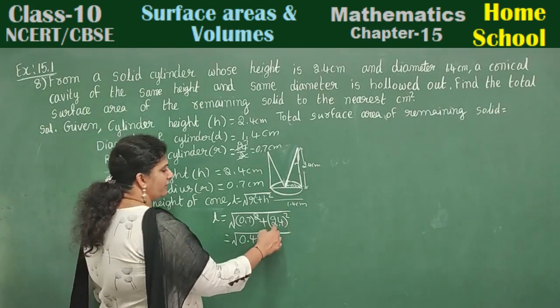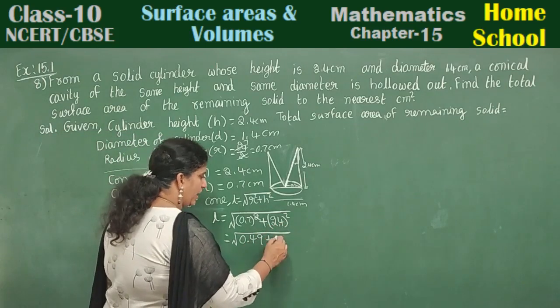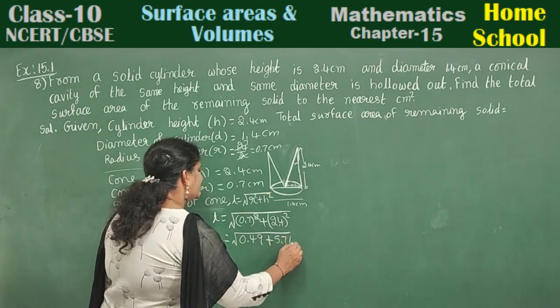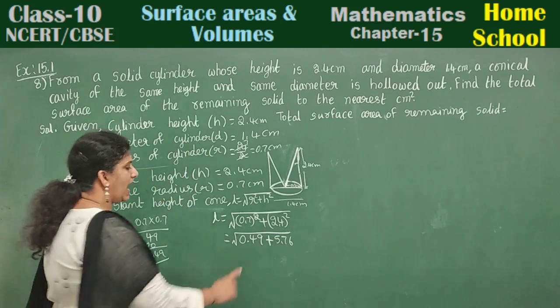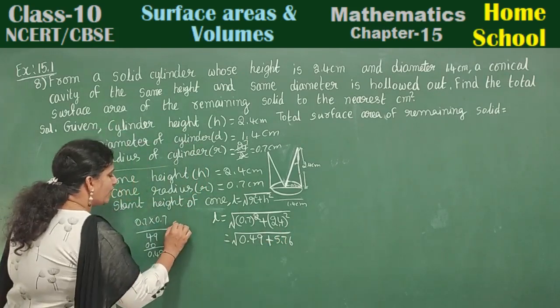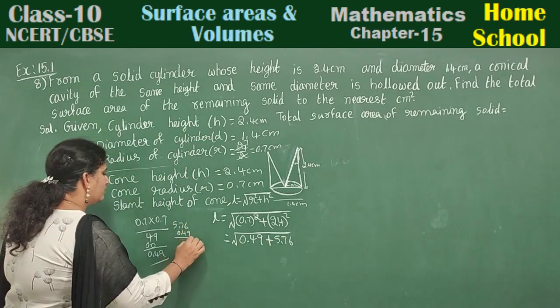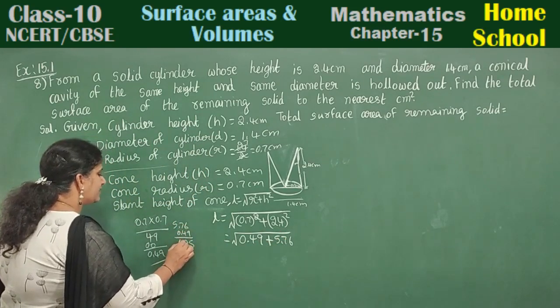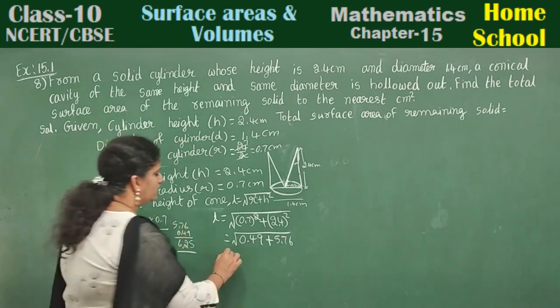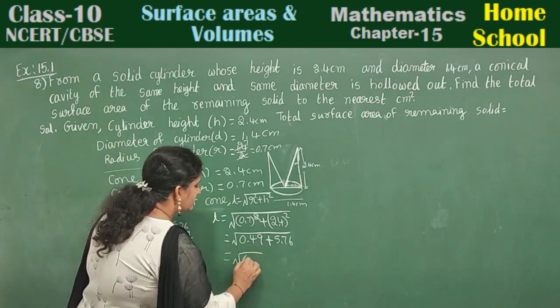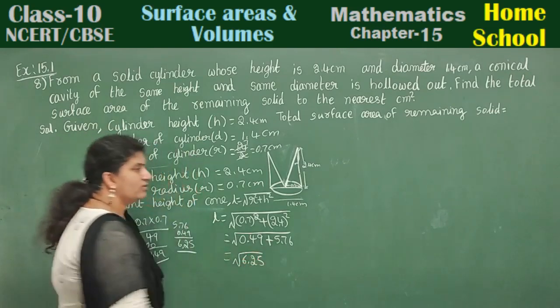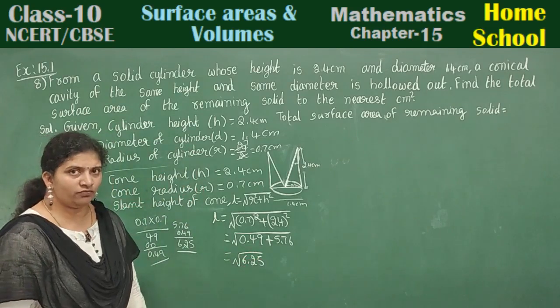Then similarly, if you find 2.4 square, it will be 5.76. Add these two: 5.76 plus 0.49 will be 6.25. Now find the square root of 6.25.